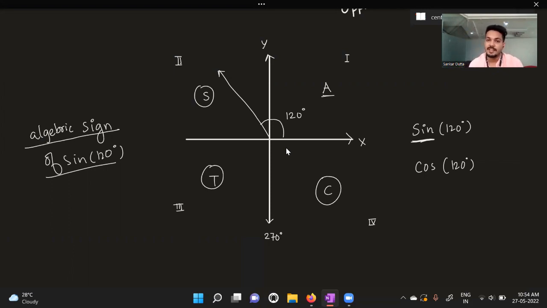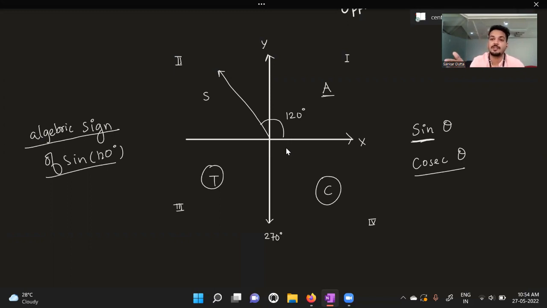Okay. The second thing that we know from this mnemonic is the second one, S. S stands for sine and its reciprocal, which is cosec, right? So if you have any angle theta that belongs to 90 to 180 degree, in that case, sine theta and cosec theta will be positive.